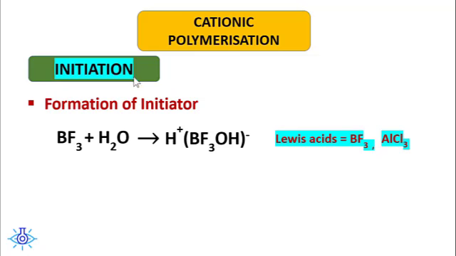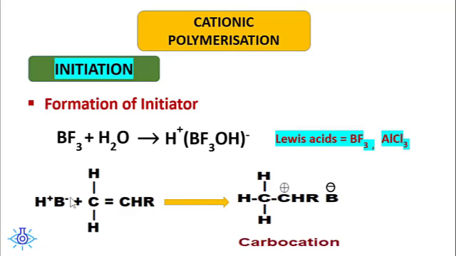So in the initiation step, the first stage is formation of the proton, that is H plus. The next stage is the attack of the proton, that is H plus, attacking the monomer. This BF3 OH minus can be written in confined form as B minus.